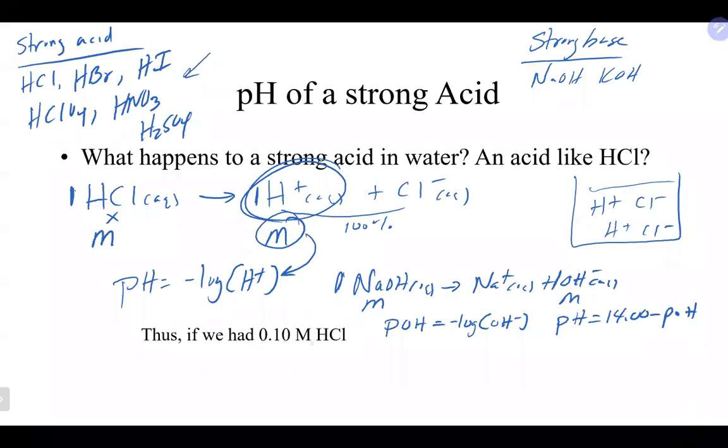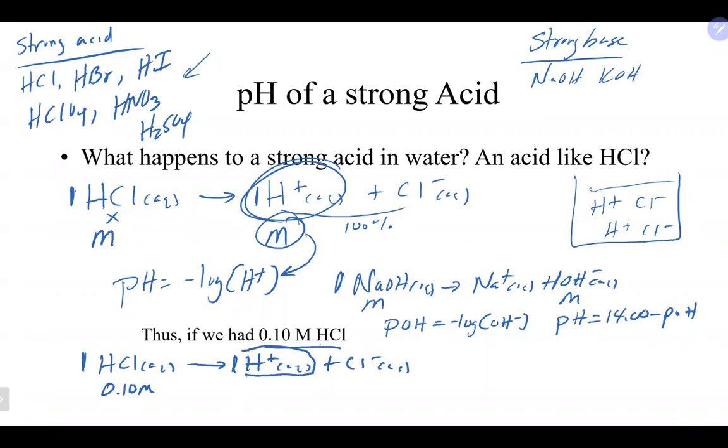Now, if we had something like 0.1 molar HCl, that would mean that our HCl here would break apart into H plus and Cl minus. And since this is 0.1 molar, it is a 1-to-1 relationship between that and the H plus, which is really what we need. That means that the H plus concentration would also be 0.1 molar.